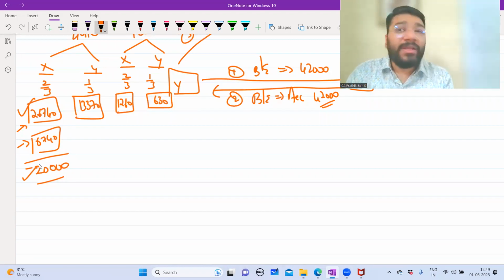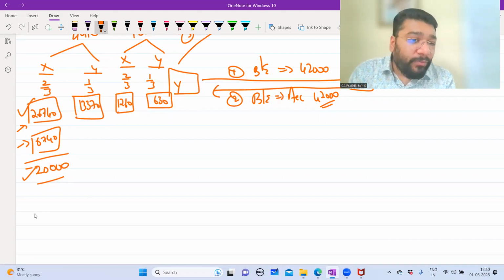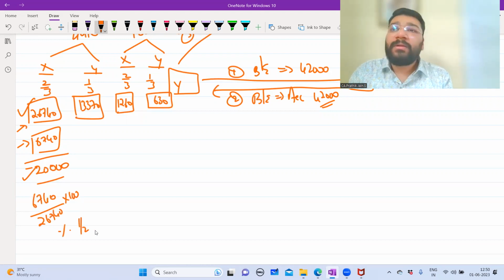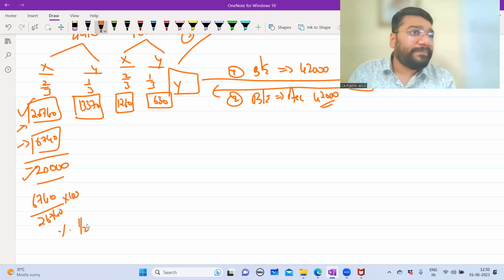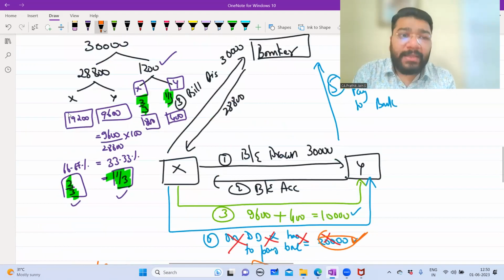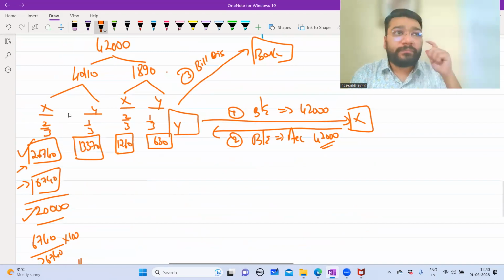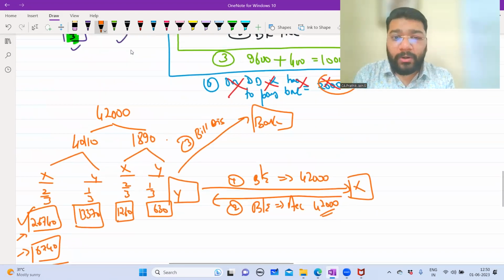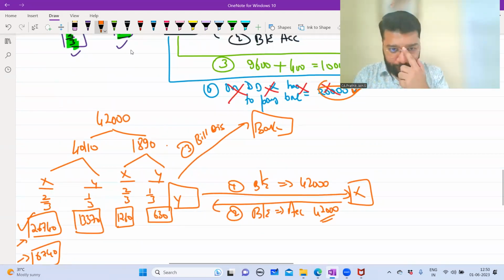Now, if you take 6,740 as a base, divide 6,740 by 26,740 and multiply by 100 to get the percentage or fraction, it is not workable. It will become wrong. That's why we said that whatever fraction was previously agreed in the first bill, the same fraction will continue. Am I clear? Online people, am I clear or not clear? Yes, sir.